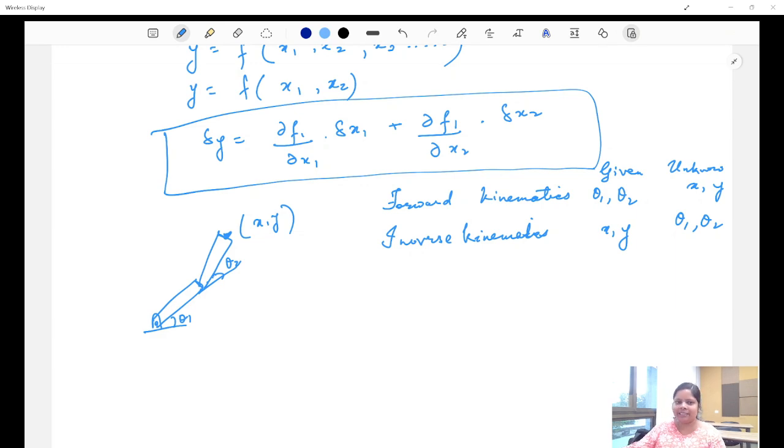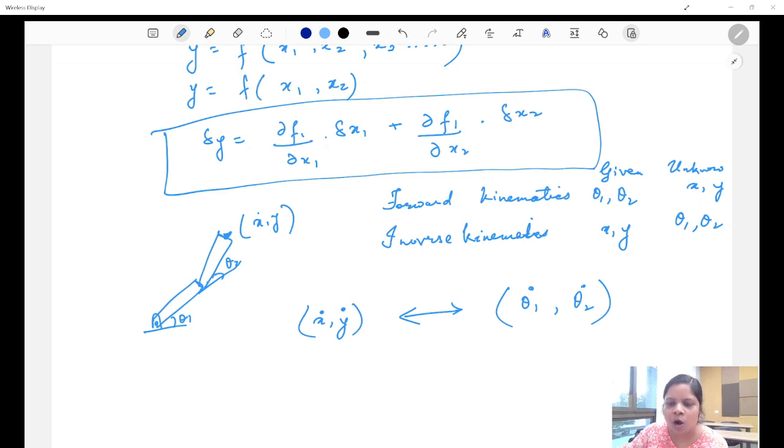But let's say we want a relation between velocities. I want some relation between x dot and y dot with theta 1 dot and theta 2 dot. I want my end effector to follow a particular velocity trajectory, going from this place to another with, let's say, 2 meters per second.